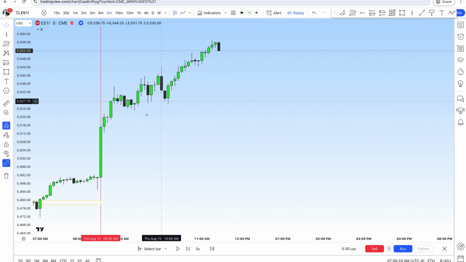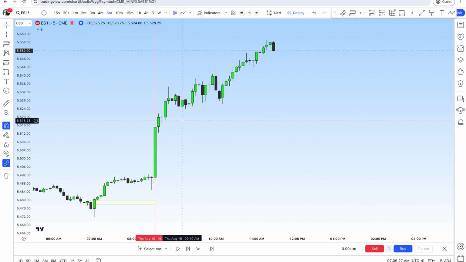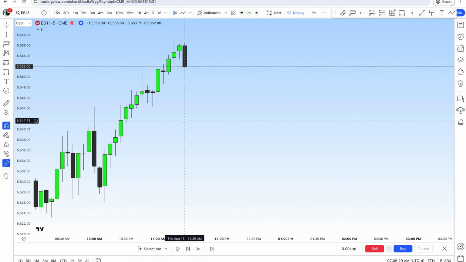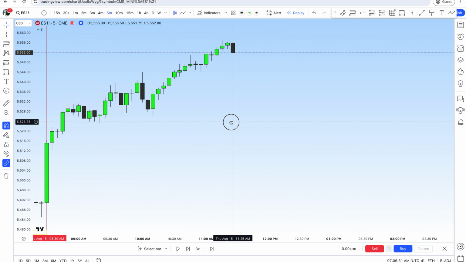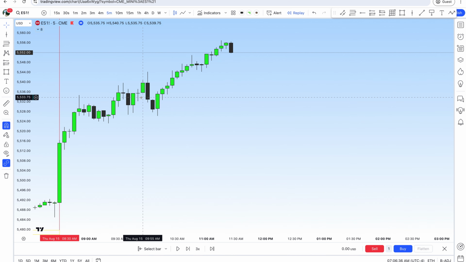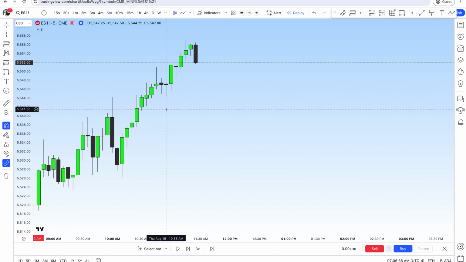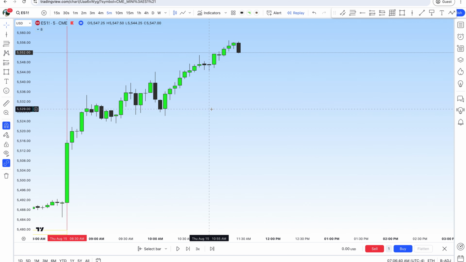But where? Not in a supply and demand zone, because I literally cannot see that. I'm going to show you what I saw: liquidity getting engineered.